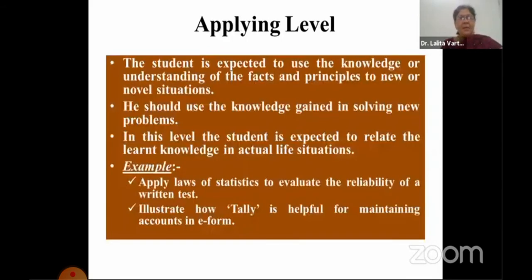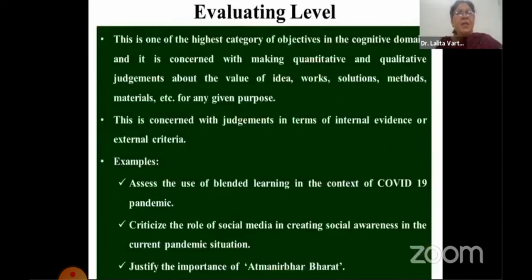The next level is the evaluating level. So we have gone one stage ahead. This is one of the highest categories of objectives in the cognitive domain, and it is concerned with making quantitative and qualitative judgments about the value of an idea, of a work, solutions, methods, materials, etc. for any given purpose.